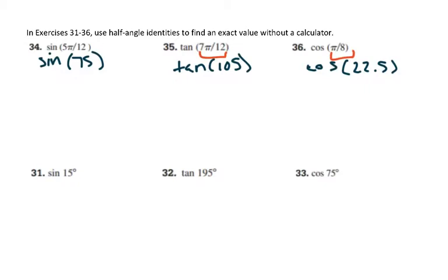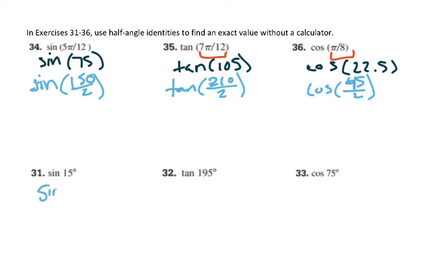So we're going to use some half-angle identities, so that means I need to find what number is divided by 2 in order to get 75. That means we're actually going to be doing 150, because 150 divided by 2 is 75. Just as we're on a roll here, double of 105 is 210, and then double of 22.5 is 45.